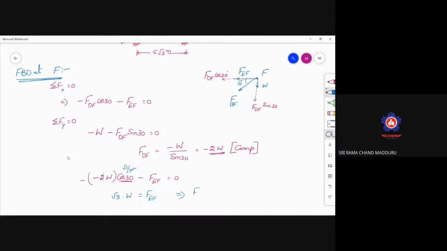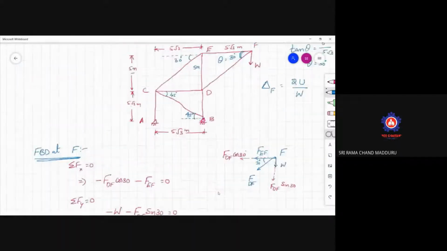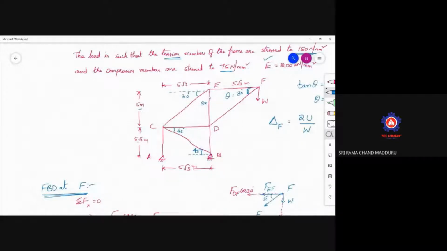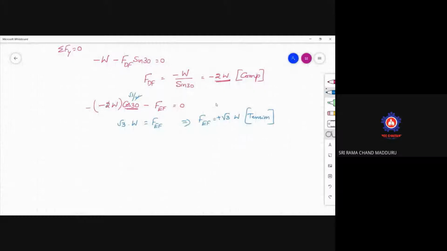That implies F EF is equal to root 3 into W, which is positive. Hence, this is tension. After completing the free body diagram at F, we need to go for the free body diagram at E. So draw the free body diagram at E.